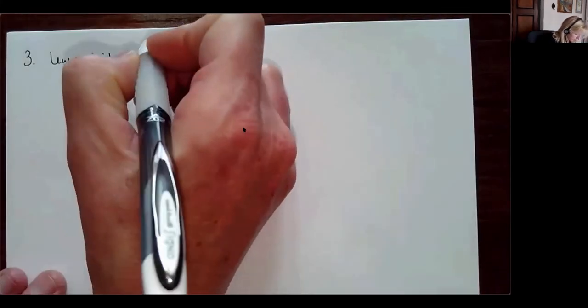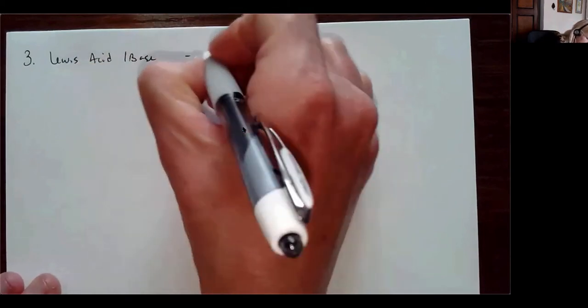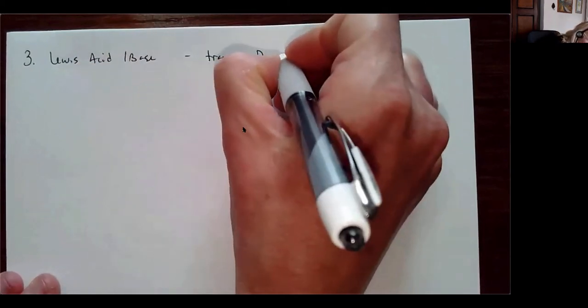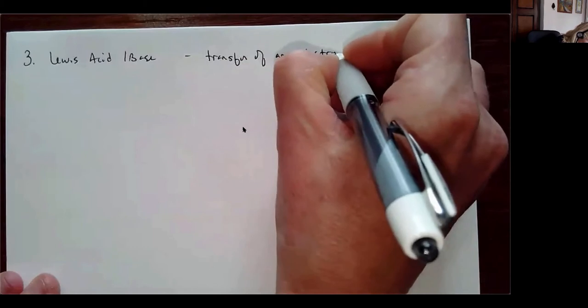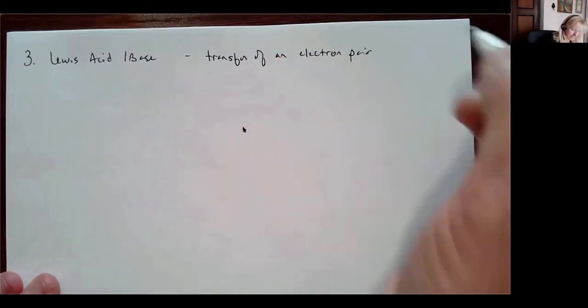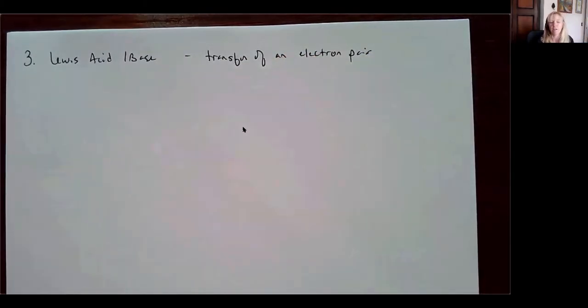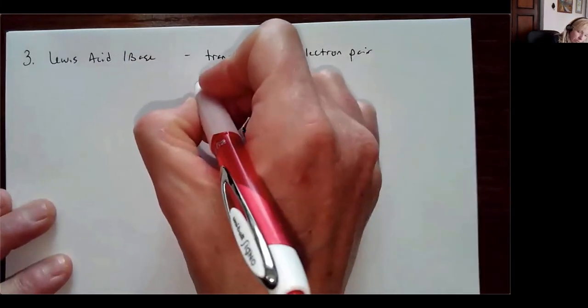Okay, so let's look at our third definition. So we have the Arrhenius definition, we have Bronsted-Lowry, and our third definition is called a Lewis acid base. This is our newest definition, and this has to do with the transfer of an electron pair. So Lewis acid bases kind of deviate from how we think about it, because now I no longer need to define my acid in terms of a proton.